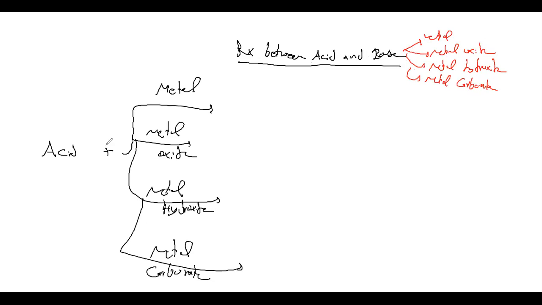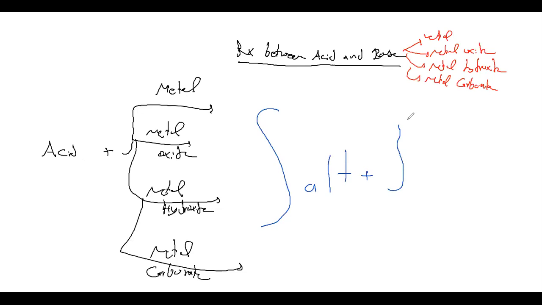So we have a reaction between acid and base. This base may be metal or metal oxide, metal hydroxide or metal carbonate. For example, the reaction between hydrochloric acid and zinc, zinc oxide, zinc hydroxide, zinc carbonate, you will find in each case all of them will produce a salt.